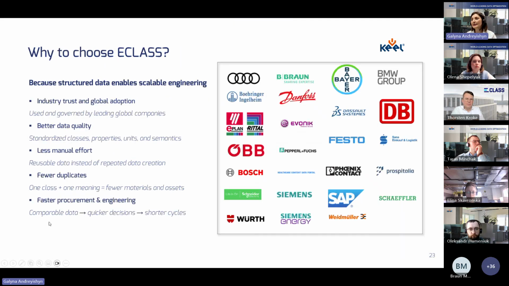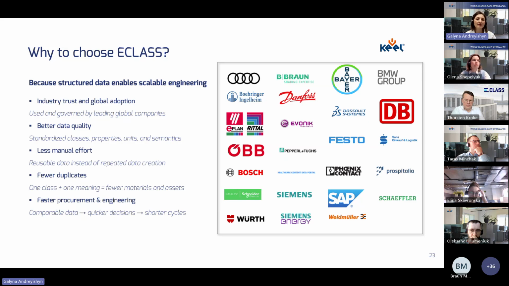So the next slide, why choose ECLASS. First of all, the standard has been developed for more than 25 years, almost 26, as Thorsten mentioned. As you can see from the slide, many well-known companies are members of the steering committee of ECLASS, and that says a lot about its credibility and industry acceptance. Beyond that, the benefits are practical. You don't need to reinvent the wheel.